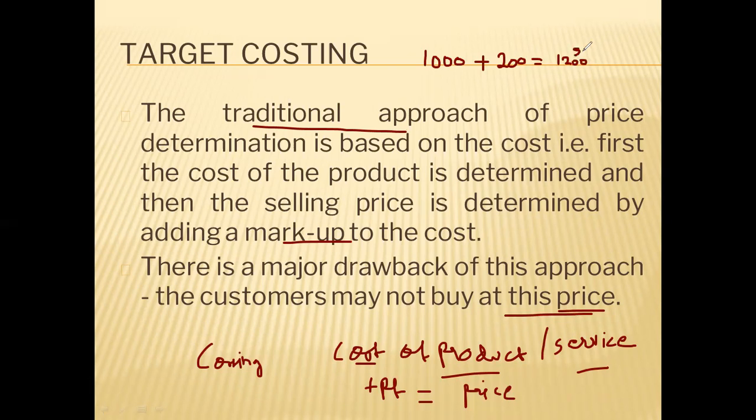Logical, no? Cost is 1,000 and profit is 200, so your total selling price will become 1,200. But the customer should buy the product at this price, no?